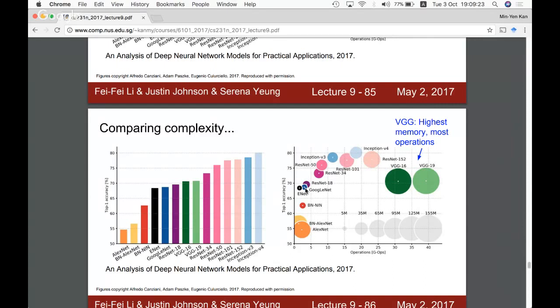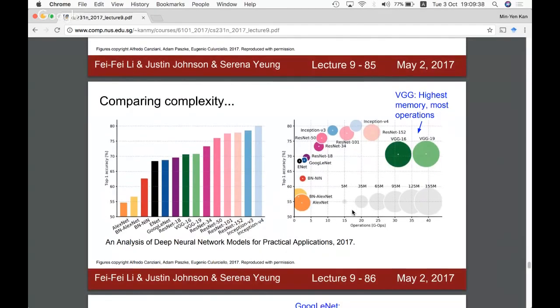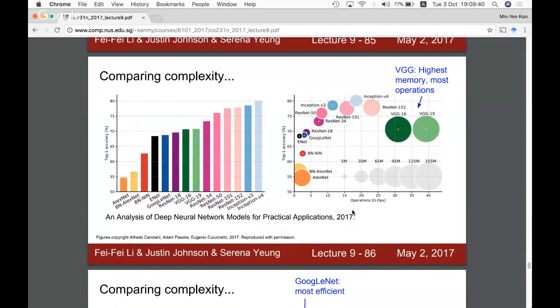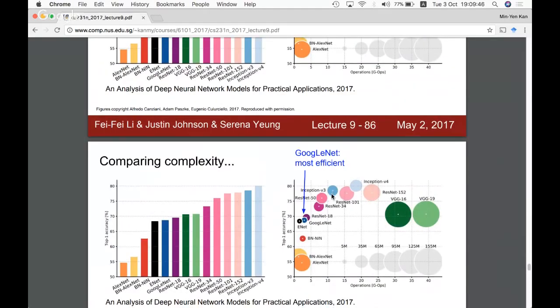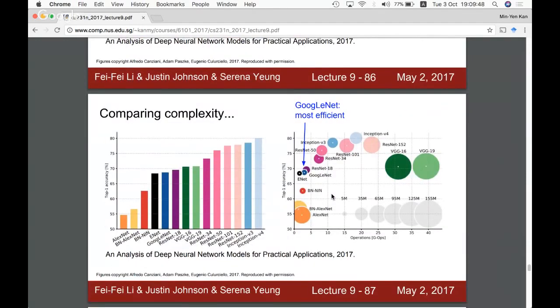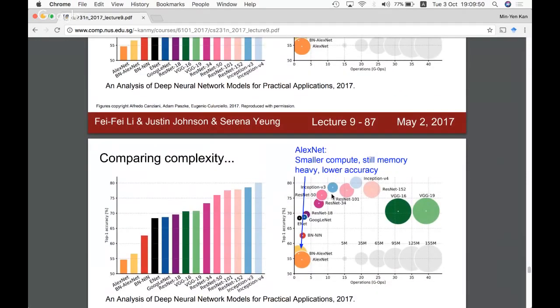Sorry, what is ENet? Actually, I'm not sure. I think they're just comparing a bunch of networks. You can see that GoogleNet is the most efficient one, and AlexNet also has a smaller compute, but it still has a considerable number of operations and low accuracy.